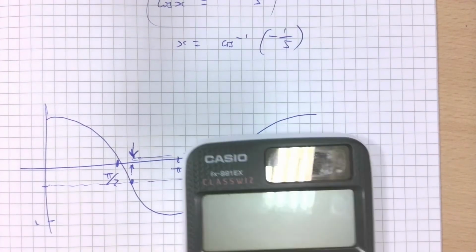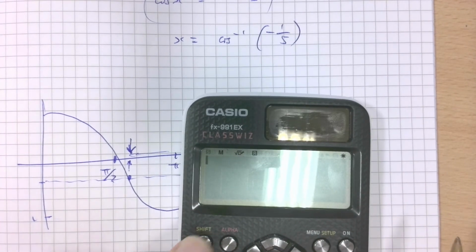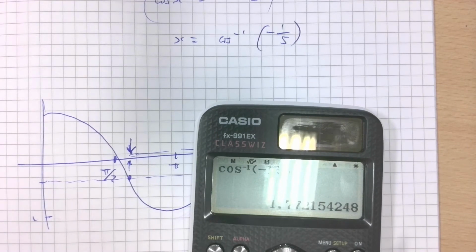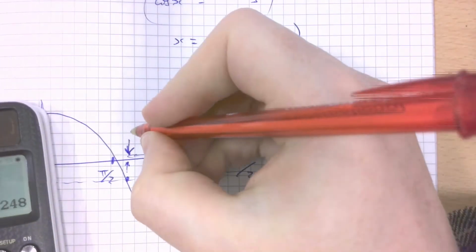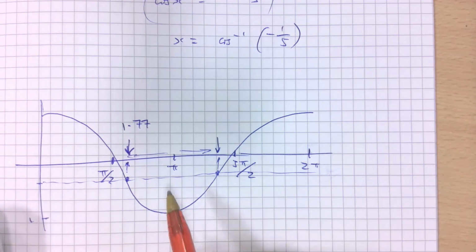So let's get my calculator out and give this a go. It's inverse cos of negative 1 over 5. Ooh, okay. 1.77. All right.